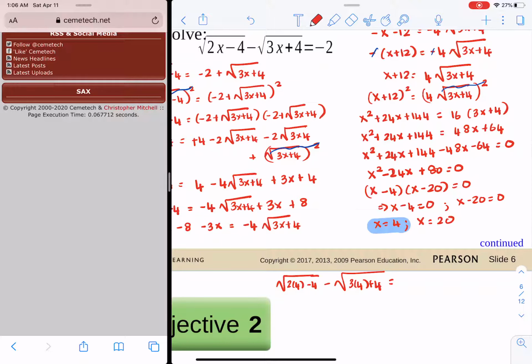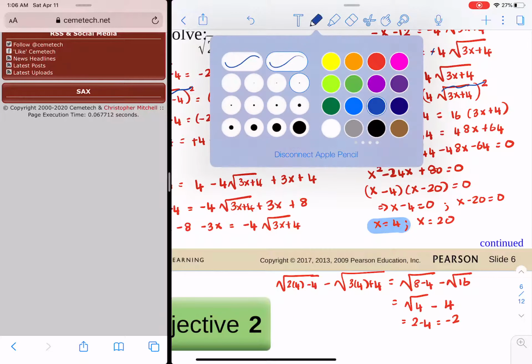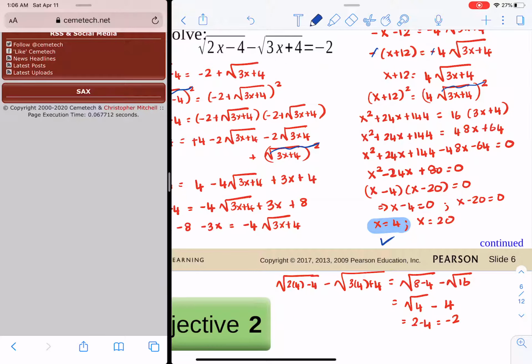Let's see if we get negative 2. 8 minus 4 minus square root of 16. 8 minus 4 is 4, so square root of 4 minus square root of 16 is 4. So I get 2 minus 4, I get negative 2, so the first one is a solution.